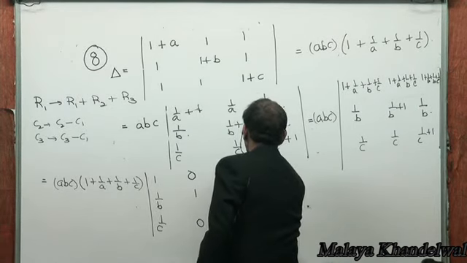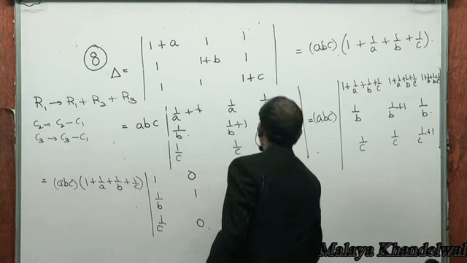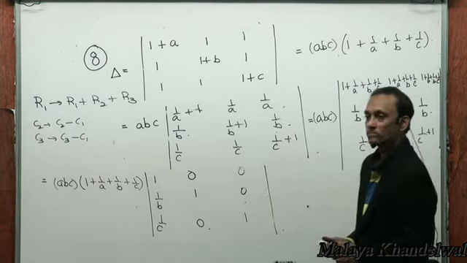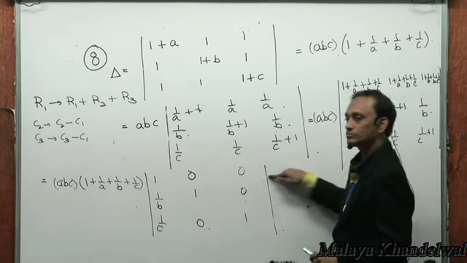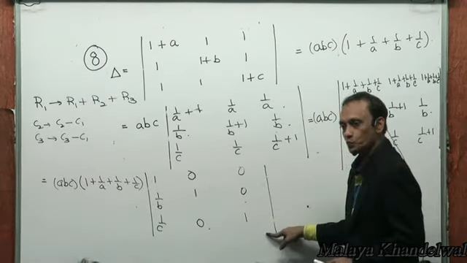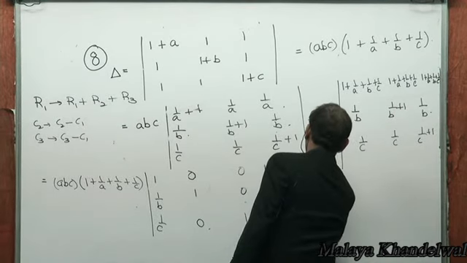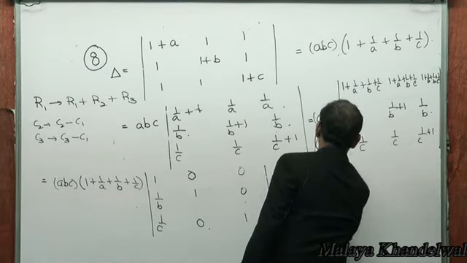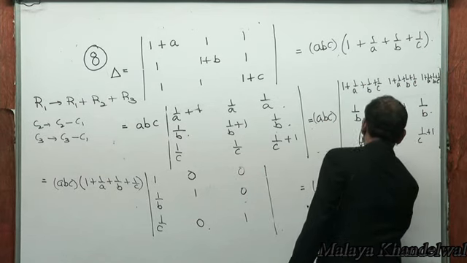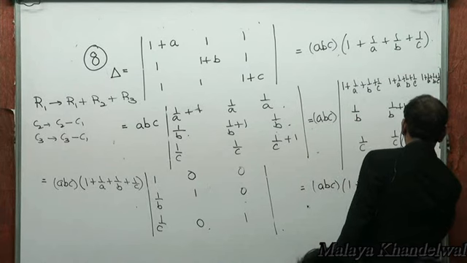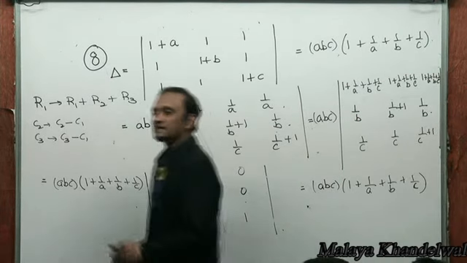This is 0. And this is 1. Expand about the first row. So that's going to give you just 1. That's number 8.